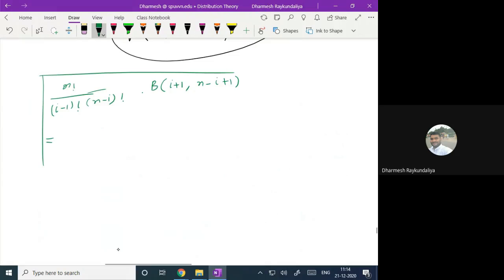Now this is nothing but n factorial. This is nothing but gamma i.